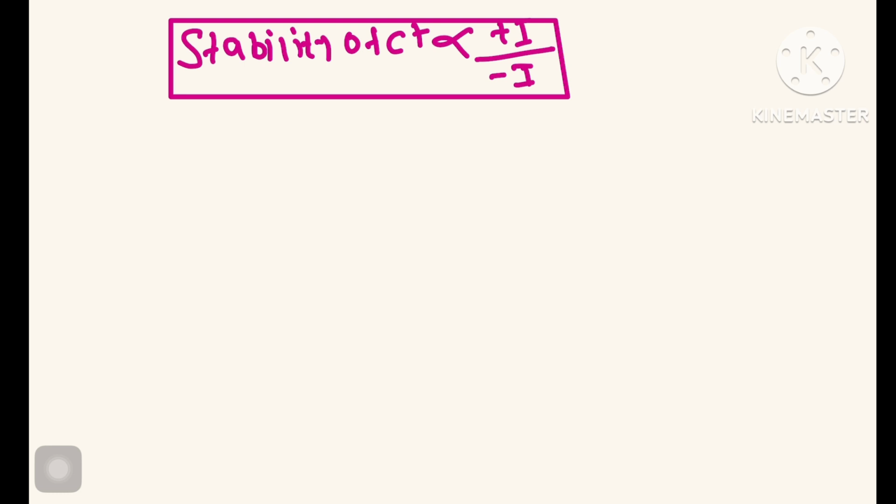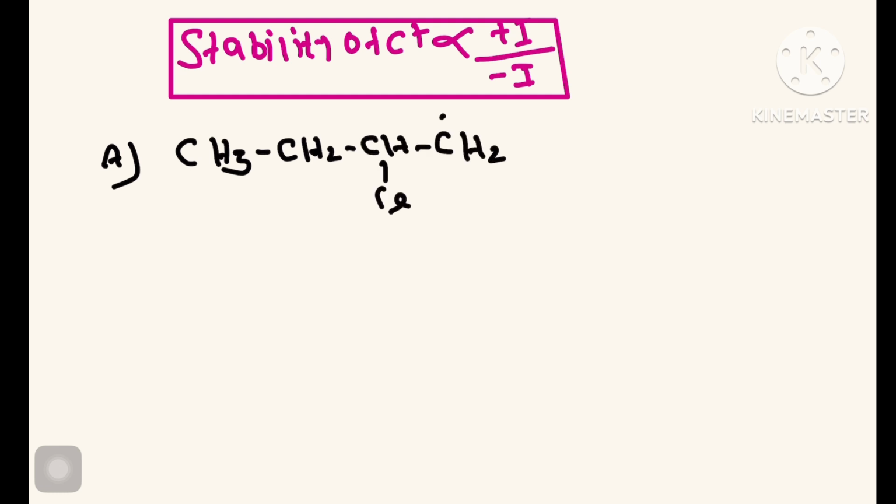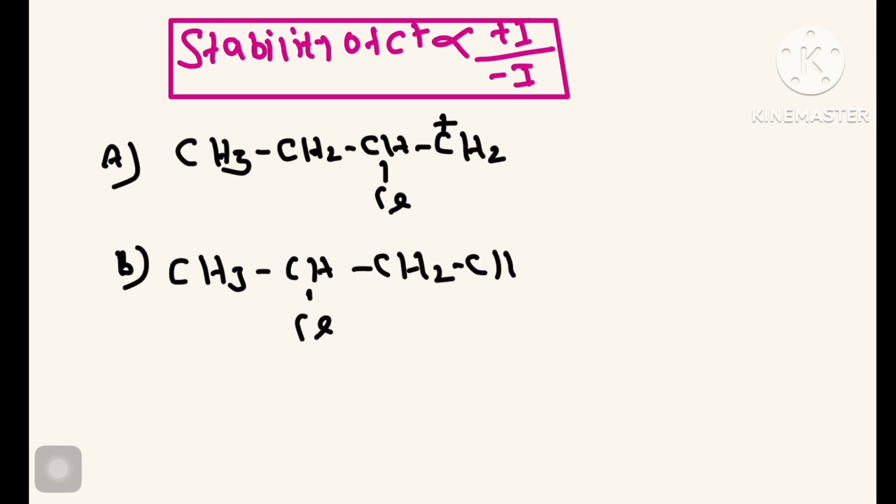Suppose here one more I am writing. If I write CH3, CH2, CH, here Cl, CH2 plus, B, CH3, CH, Cl, CH2, CH2 plus.